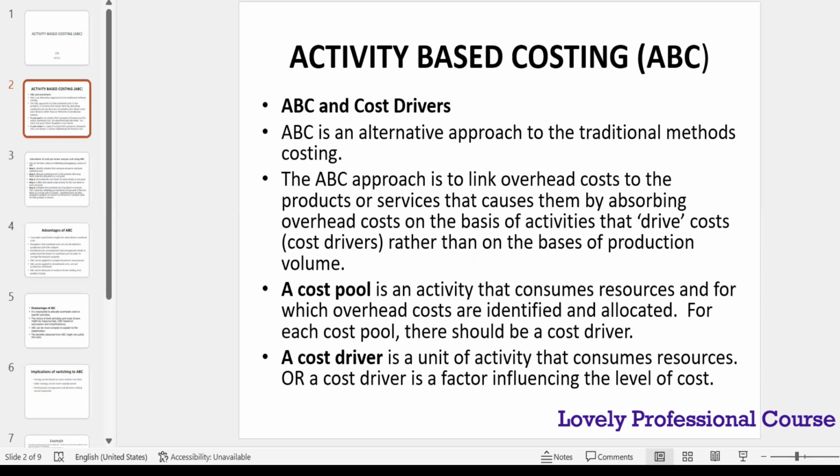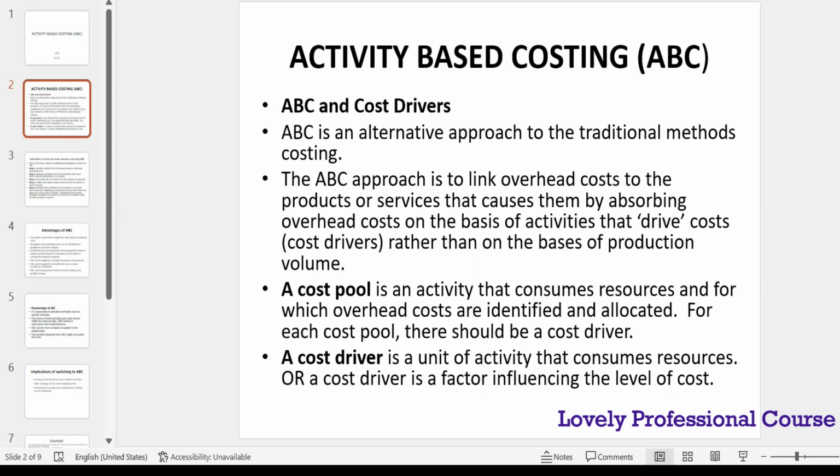And another idea is that costs are assigned to a product on the basis of the product's consumption of the activities. Those are the ideas, the assumptions you have to use when applying activity-based costing.